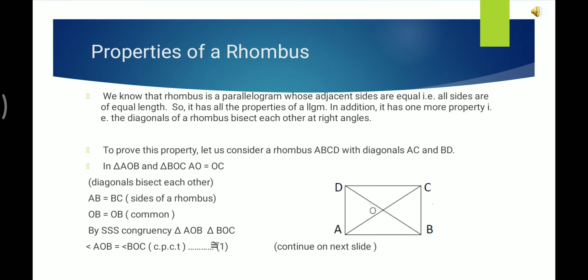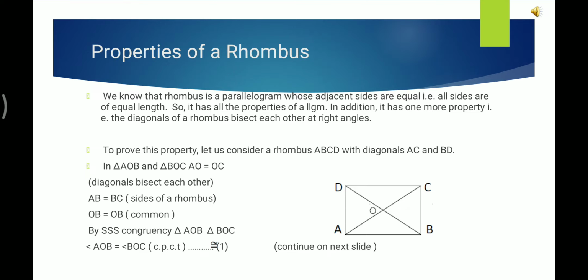To prove this property, we can take any two adjacent triangles. Here I have taken triangle AOB and triangle BOC. Let us make them congruent by SSS congruency rule.